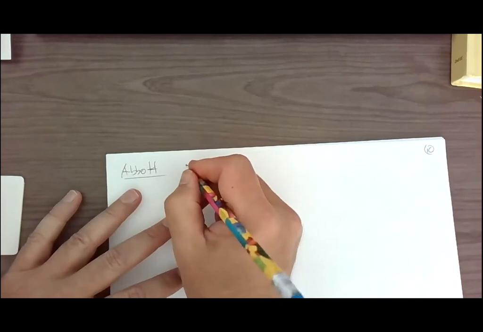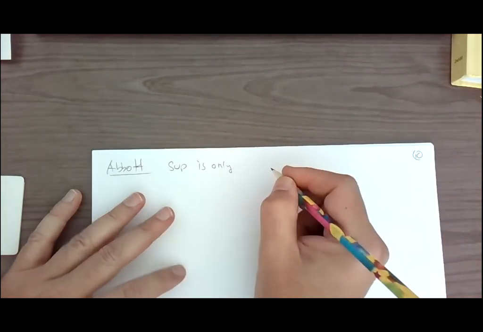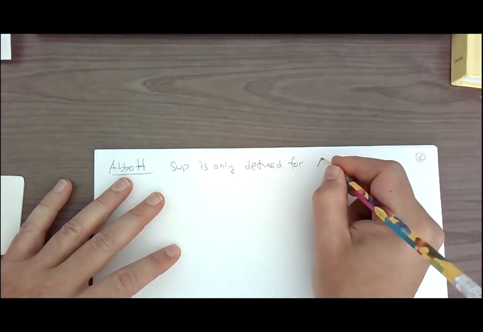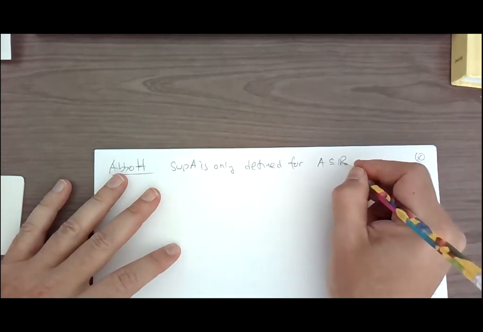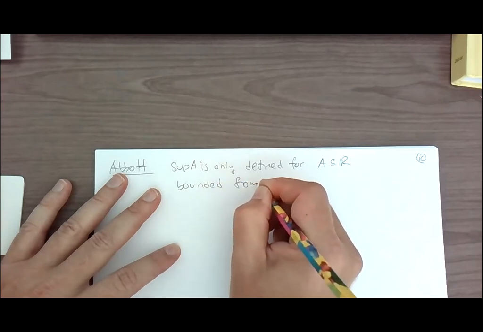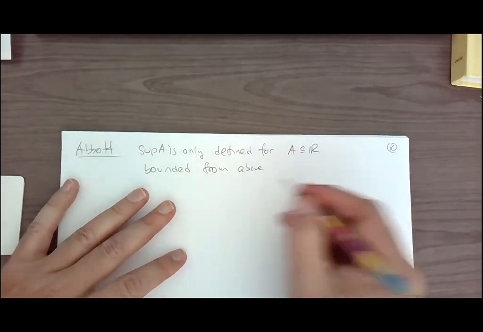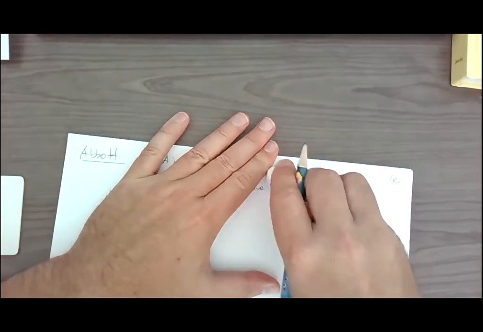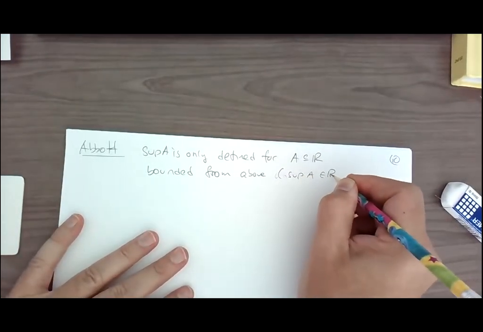Abbott says sup is only defined for A inside R bounded from above. And in that case, sup of A is going to be a real number.